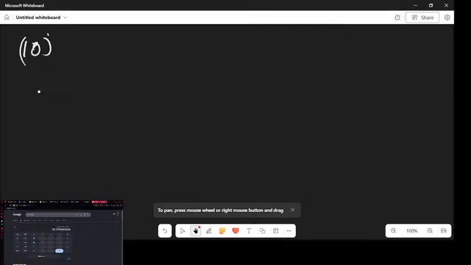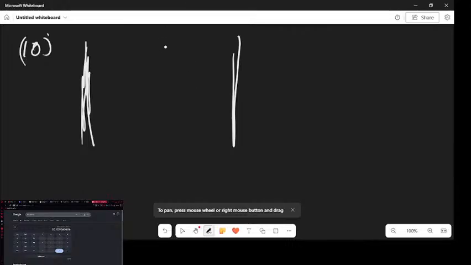Temperature T1, the temperature variation, the thermal conductivity. Okay, of the same thickness.